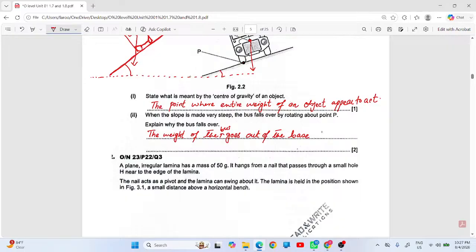This creates anti-clockwise moment about point P, जिसकी वजह से बस जो है वो रोटेट करेगी.